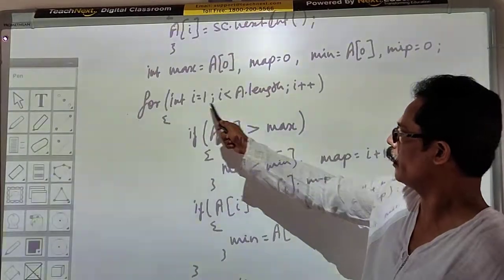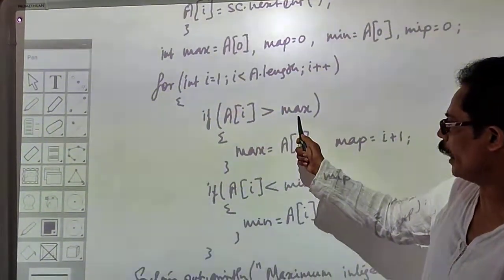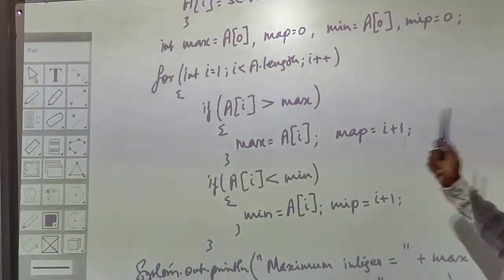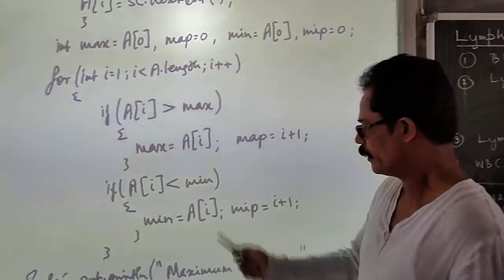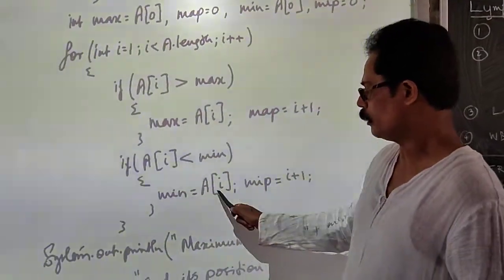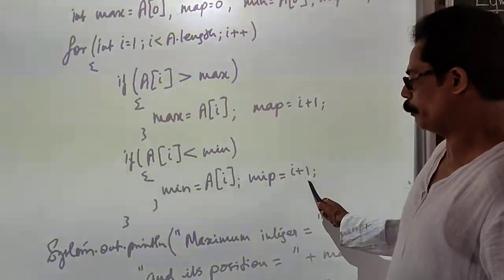For int i equal to 1, i less than a.length, i plus plus. Now if any value of the array is more than max, then max will store that value and max position will store i plus 1. Similarly, if any value of the array is less than min, then min will store that value and MIP, the min position, will be i plus 1.